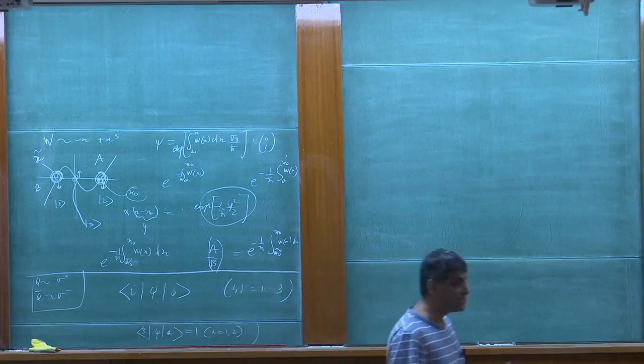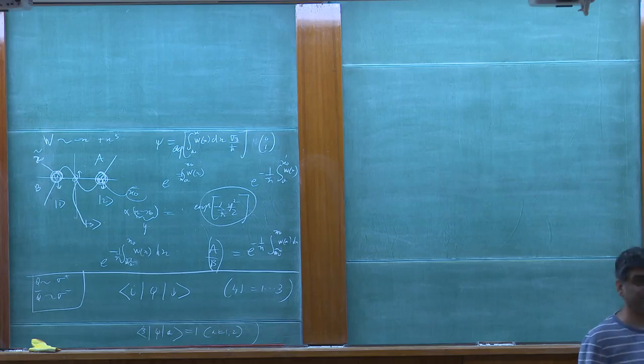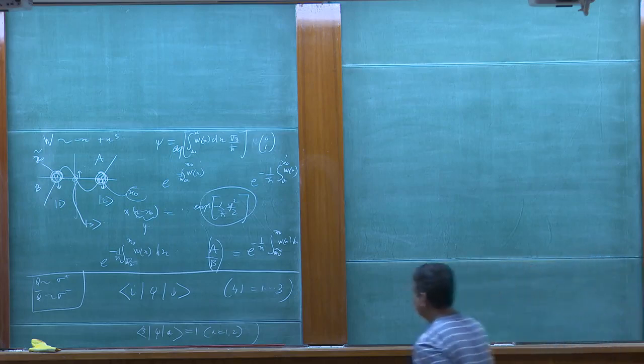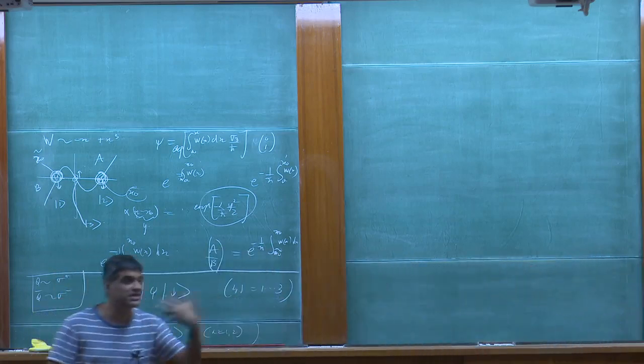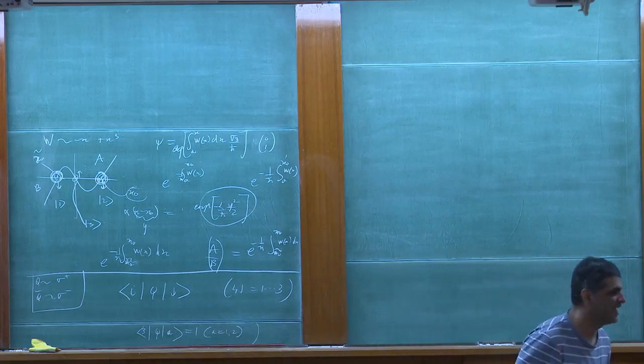Now remember what the potential in our problem was. Our potential was W squared. But all of you know how to work out such an amplitude using the WKB approximation. We will do it a little more sophisticatedly by the end of this class using an instanton in a more complicated context.